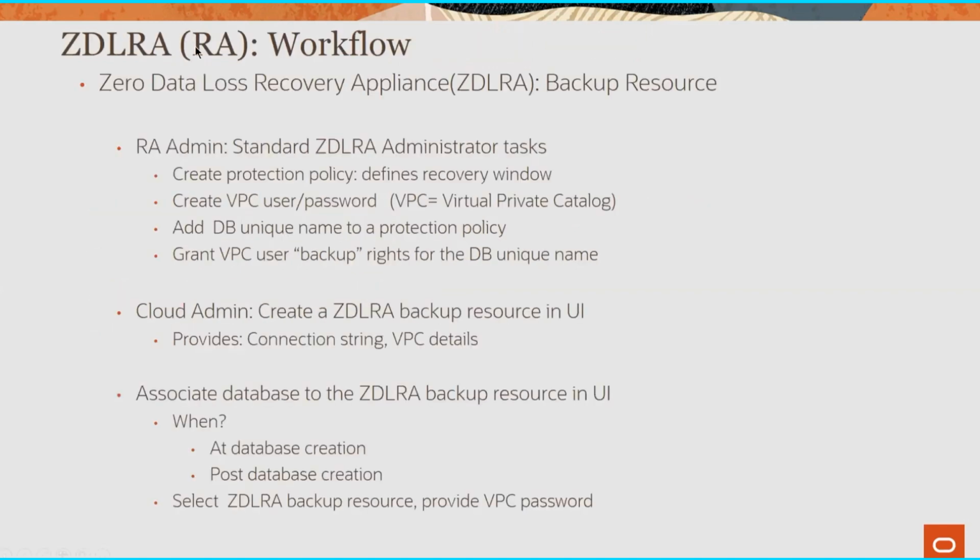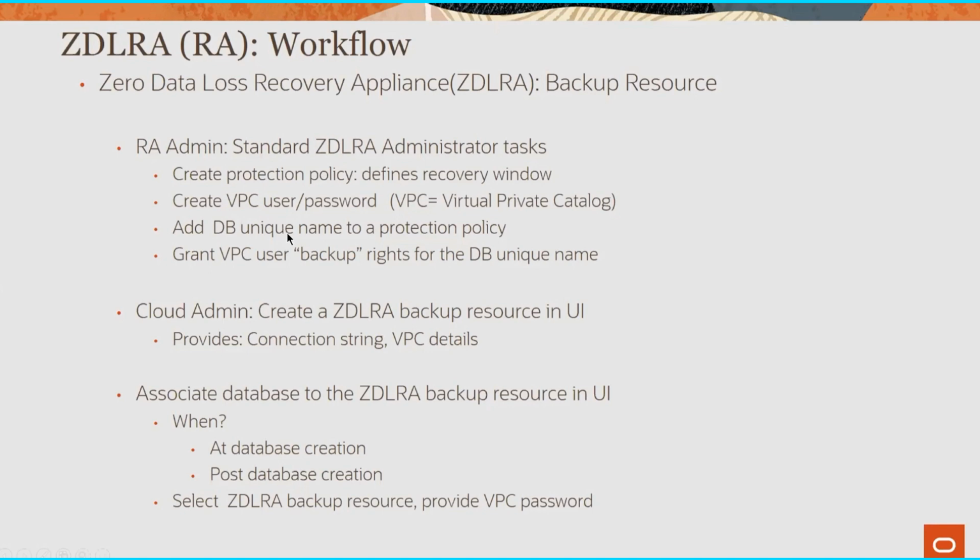Okay, so what is the workflow for the recovery appliance as a backup destination when you're looking at the UI in the ExaCC space? The standard RA administrative tasks are still present. They do not change. So the RA administrator would have to do the standard task, which is create a protection policy, which defines the recovery window, and create a VPC user and a VPC password for that user.